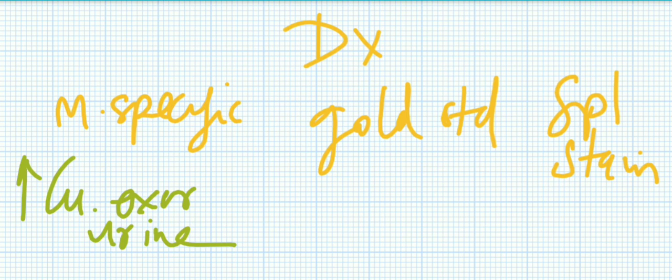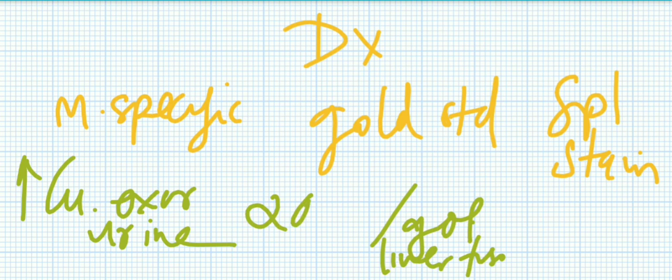And the gold standard is a biopsy of the liver, where you will get copper more than 200 micrograms per gram of liver tissue.